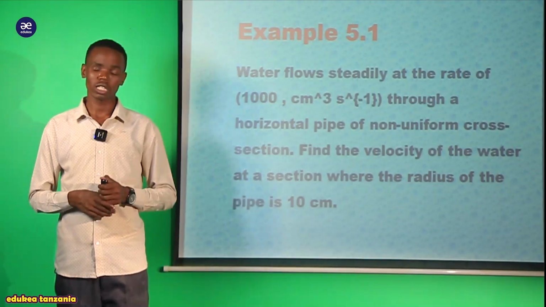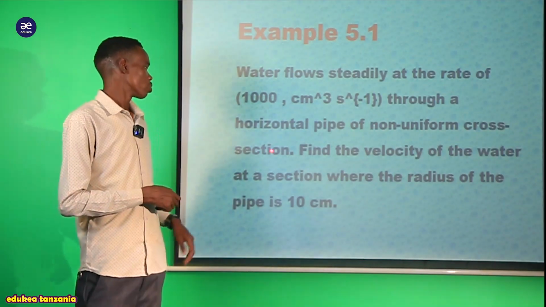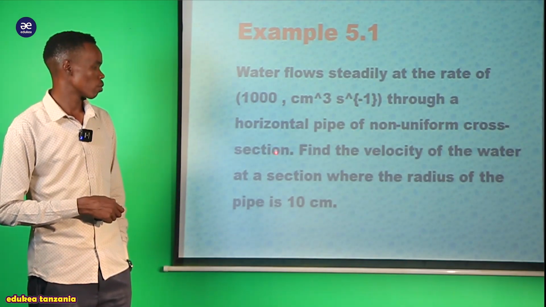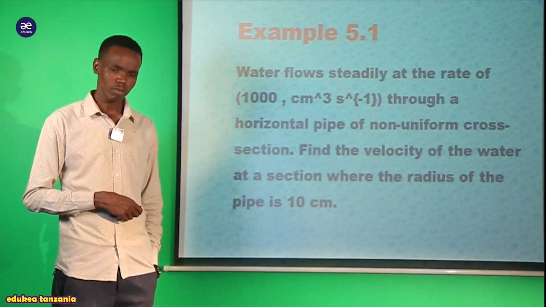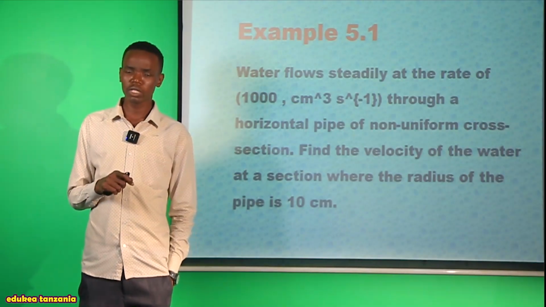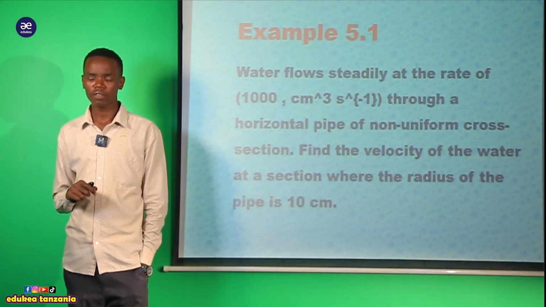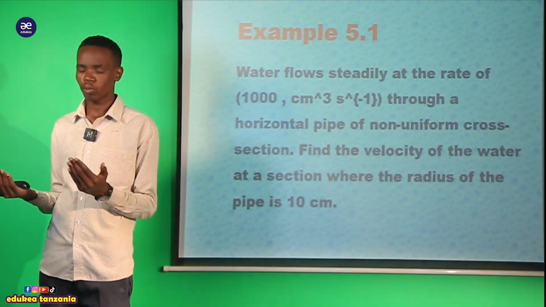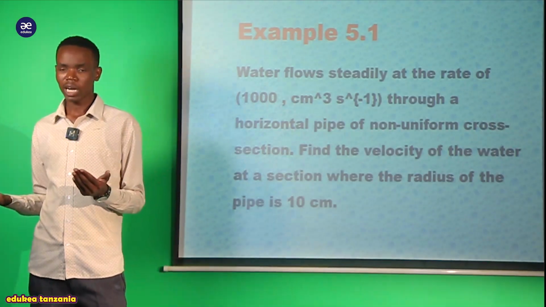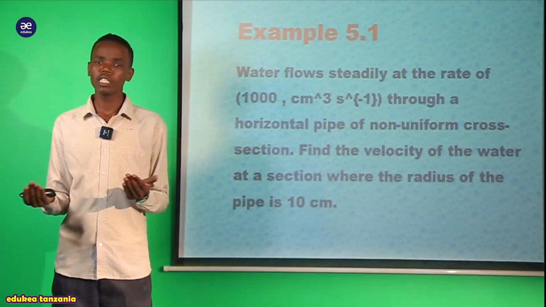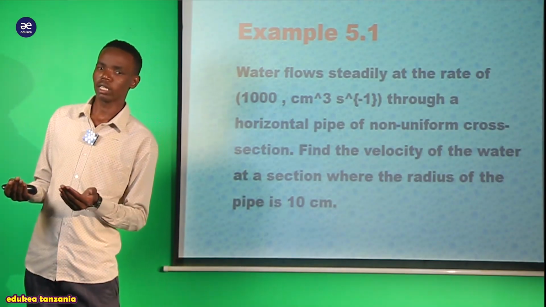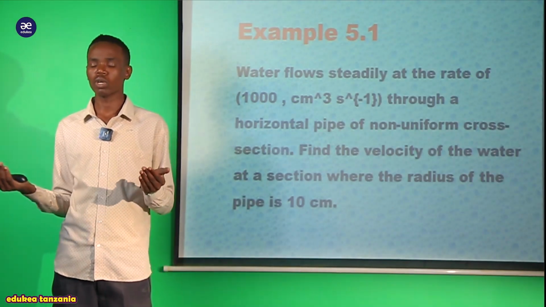This is what we have been given, through a horizontal pipe of non-uniform cross-section. The water flows steadily, only horizontally, in the horizontal pipe. Now, imagine we have the pipe, and that pipe, my dear student, is placed horizontally. Ipo horizontal, labda pipe yetu tumeweka juu ya meza.